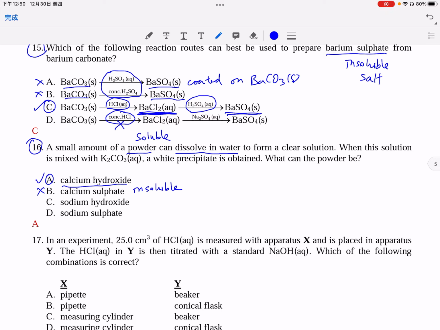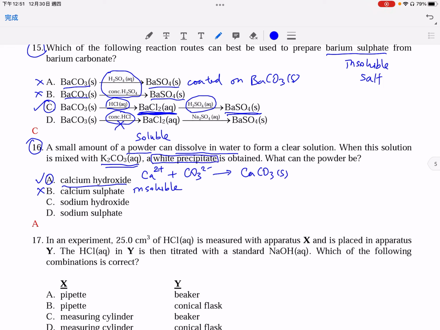But later on, when it is mixed with potassium carbonate solution, from the calcium hydroxide solution, there will be calcium ions. From the potassium carbonate solution, there will be carbonate ion, and calcium carbonate precipitate, which is white in color, will be produced.